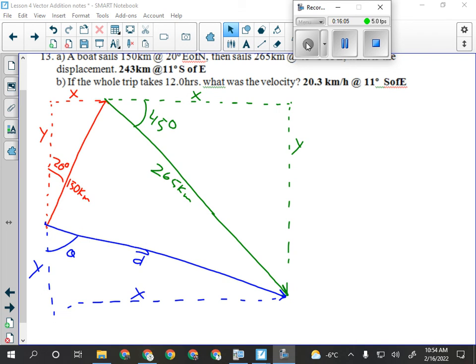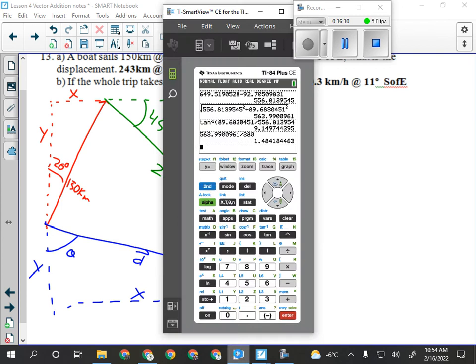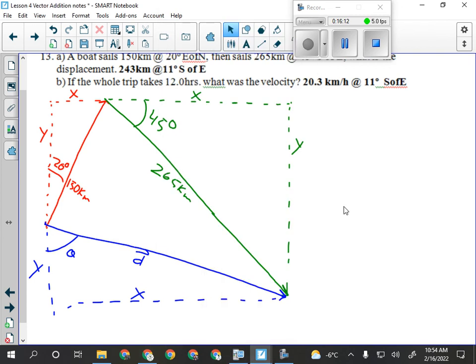All right, guys, I'm gonna get the x and y components up here, just so we've got those. So for red x, we are looking at the opposite side. Okay, it's opposite the 20-degree angle. All right, so we're gonna have the sine of 20 times 150.